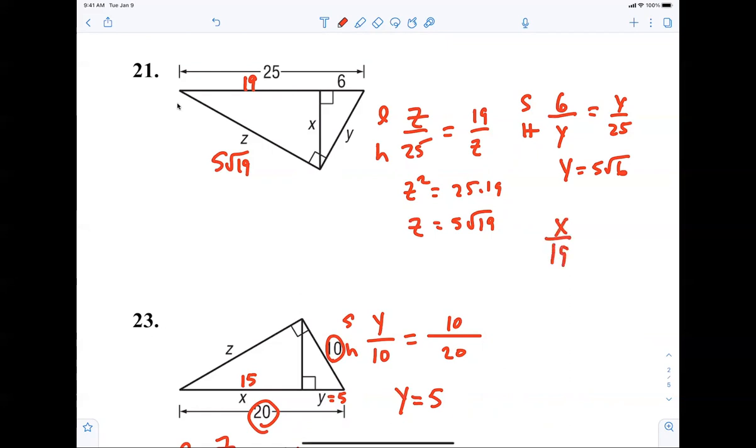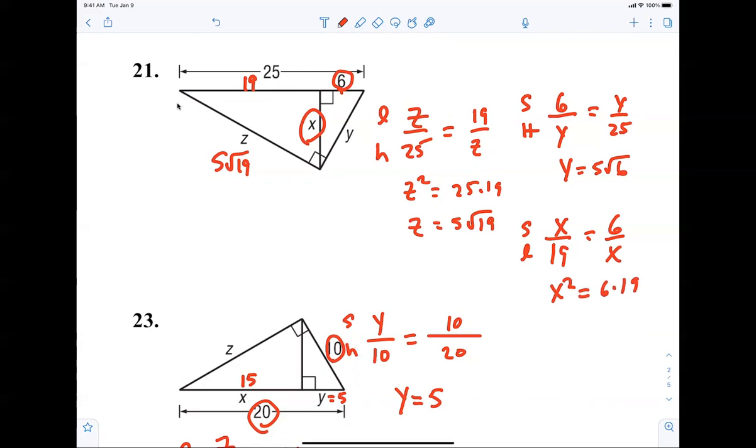X over 19. Short leg to long leg. Well, I don't mind if you do that, but here's a short leg and a long leg right here. And they're just numbers. 6 over x. So x squared equals 6 times 19, right?